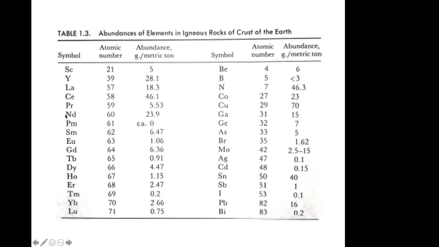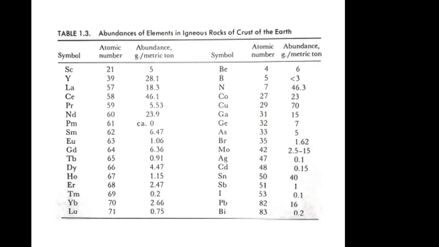And that was a puzzle, and it led to an extensive search to find this missing element throughout the early 1900s. That culminated in 1947 when promethium-147 was ultimately separated from materials obtained at Oak Ridge from the fission of uranium.